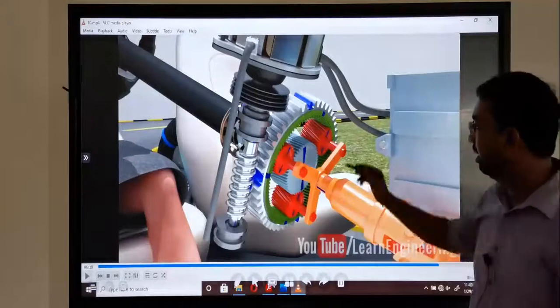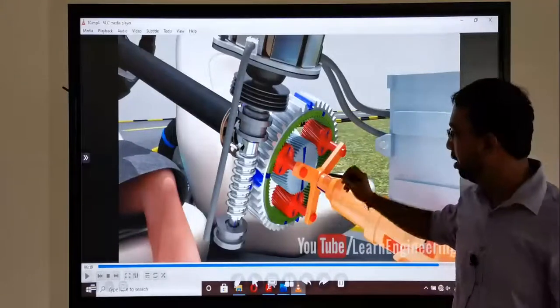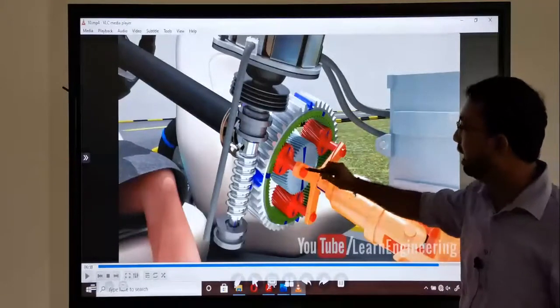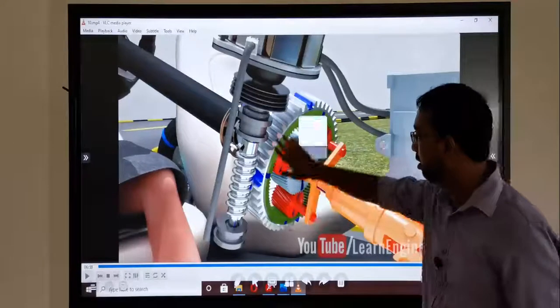Additionally, you can see these are the planetary gears. There are 4 planetary gears, and these are the planetary carriers.